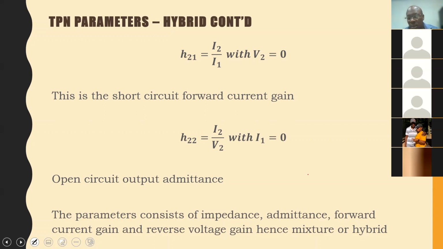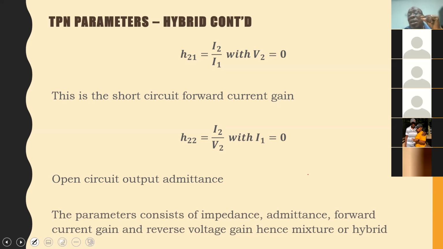Meaning, for H11, H11 was based on V2 being equal to 0. So it means that we would have short-circuited the output terminal or output port, yes? Similarly, H21, again, would be with V2 being equal to 0.